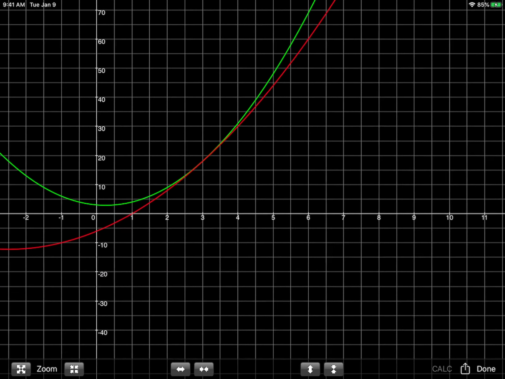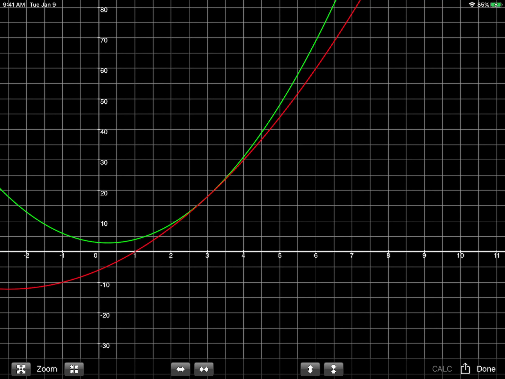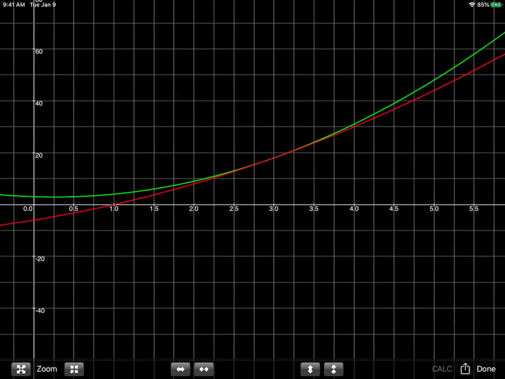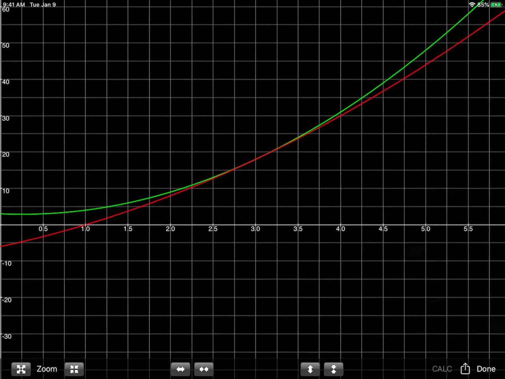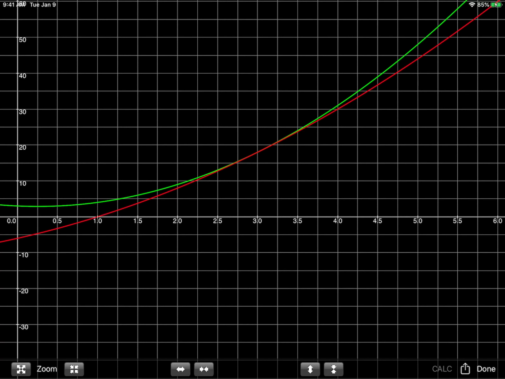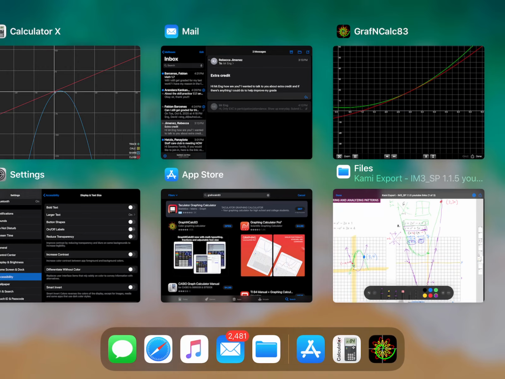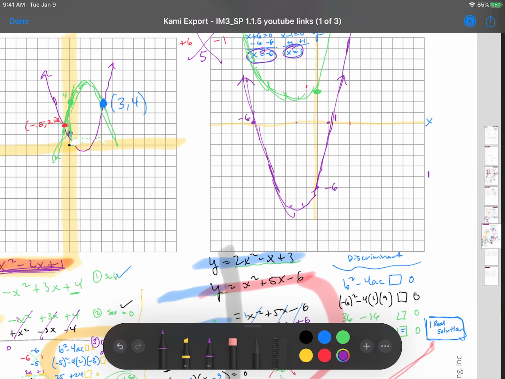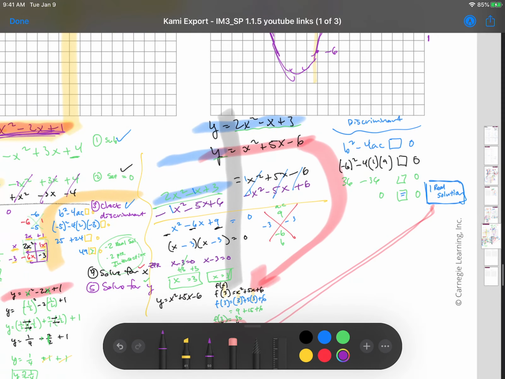There's our intersection, right? We said it was 3 comma 30, right? And it's not going through 30. I had it on the screen. Let's check our math. x plus 6.